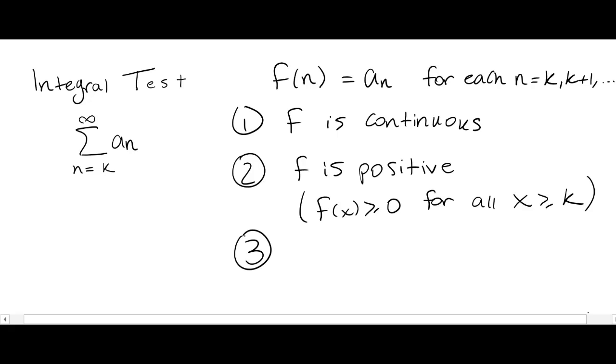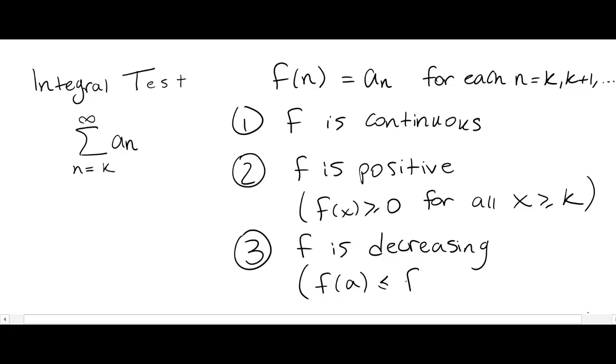And finally, f is decreasing, which just means that f of a is less than or equal to f of b whenever a is a number bigger than or equal to b, and b is larger than k.